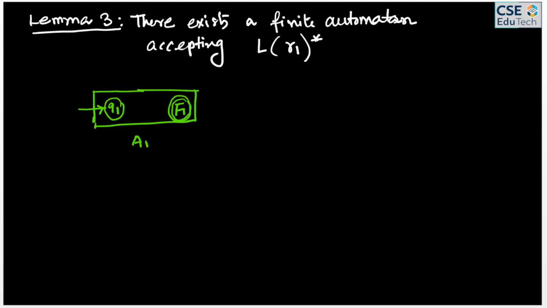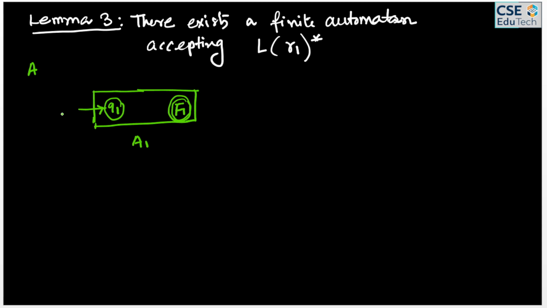Now to accept the language generated by R1 star, not A1, R1 star, there is basically a repetition of traversing the path. That means after reaching from Q1 to F1, to introduce this, we rather design the automaton A accepting this language.